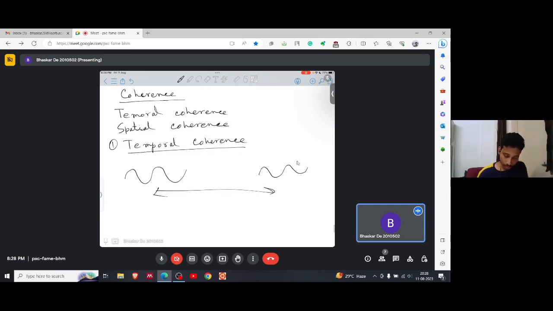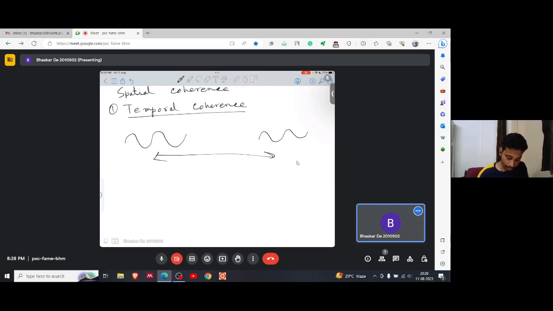This is known as the temporal coherence. Basically there will be a coherence length, that is LC. This temporal coherence is also known as longitudinal coherence.